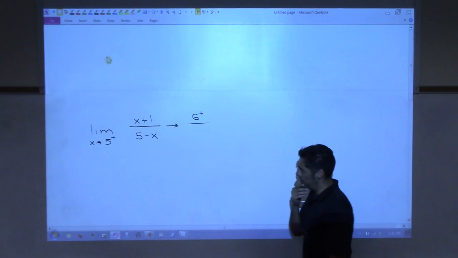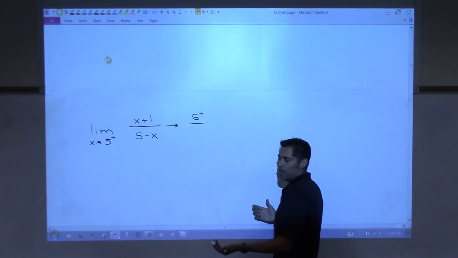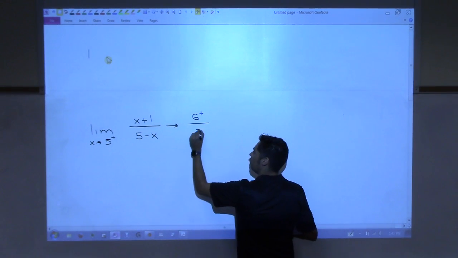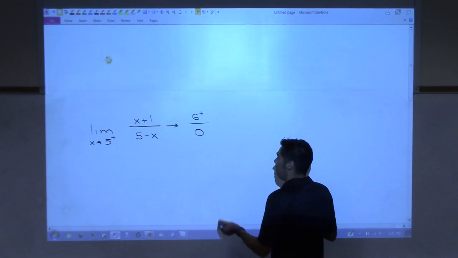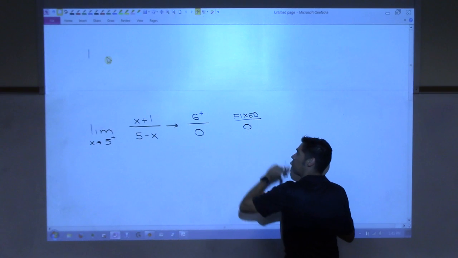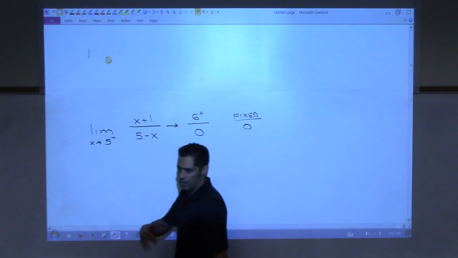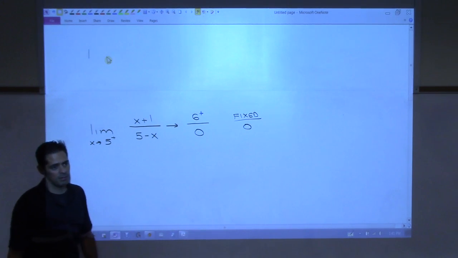Now, what about the bottom? Where is it headed? It's headed to 0, right? So we have fixed over 0, and so we know there's only three outcomes. It's positive infinity, negative infinity, or it doesn't exist.